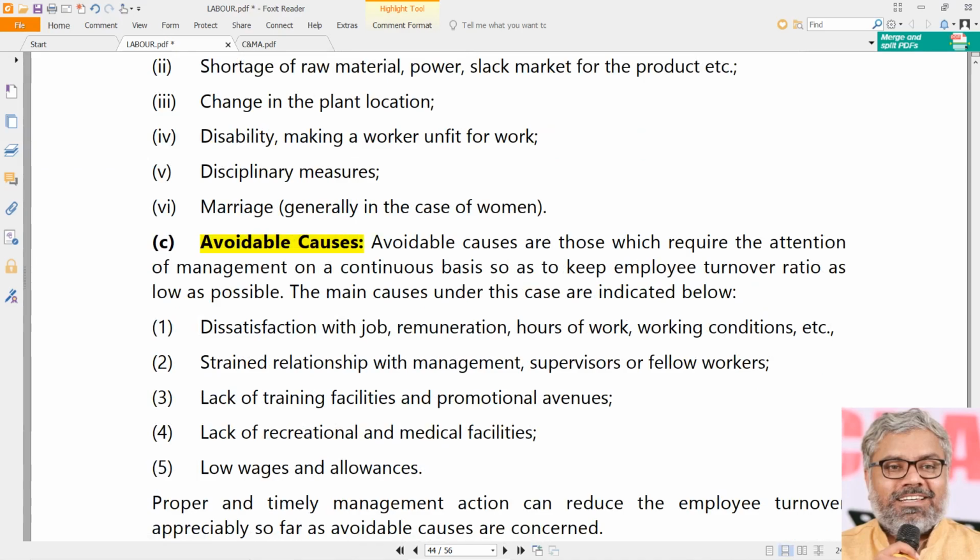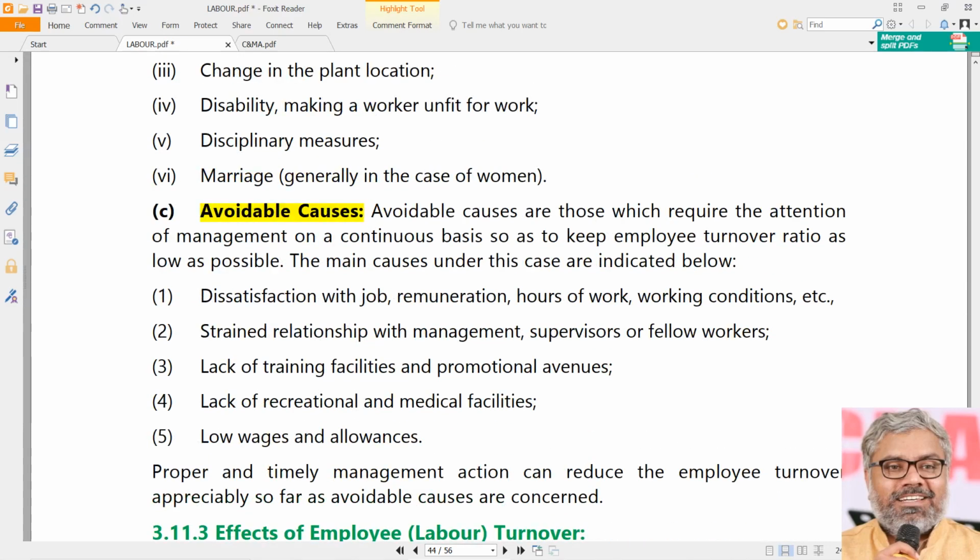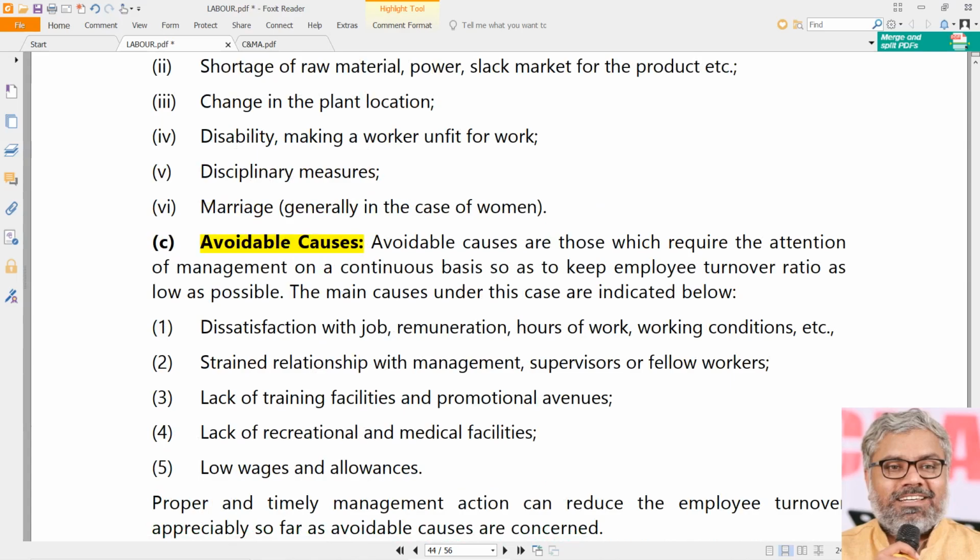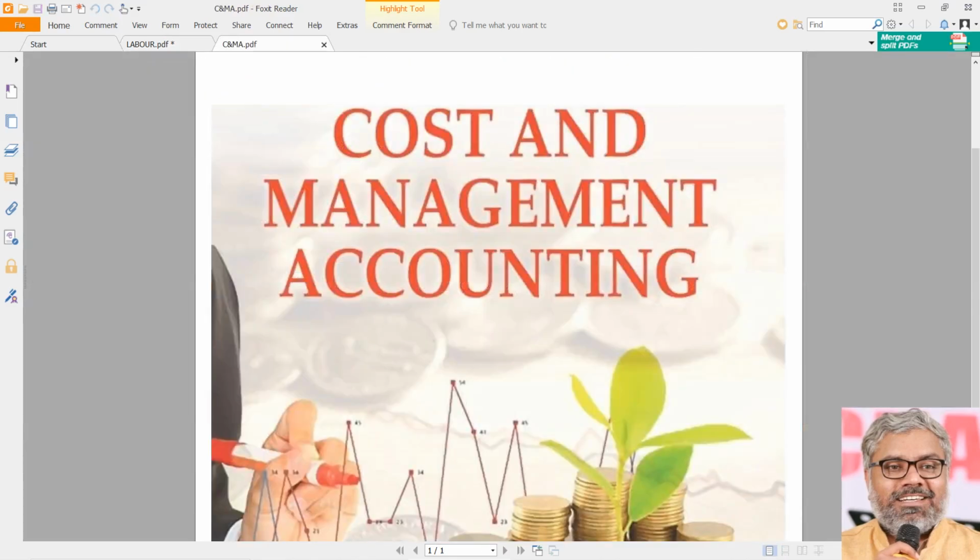Also look at the formulae of labor turnover, write them a number of times, and remember them. Then we can continue to solve the problems related to labor turnover and impacts of labor turnover in the next session.